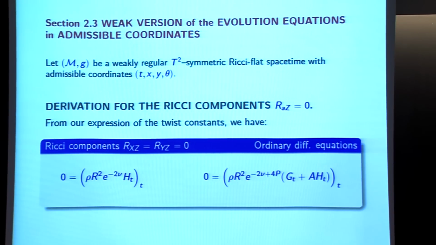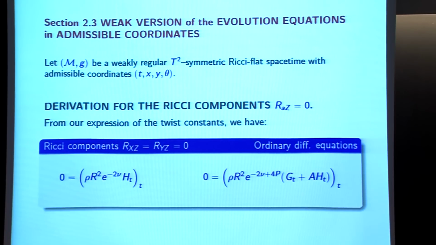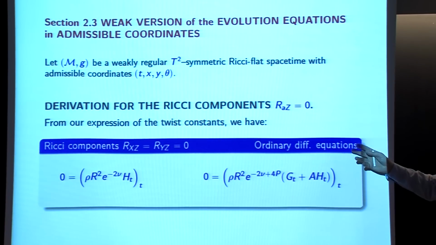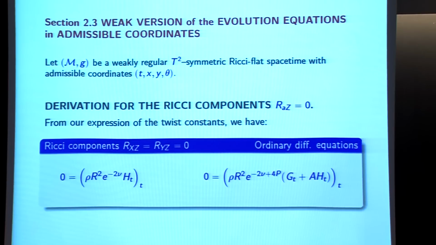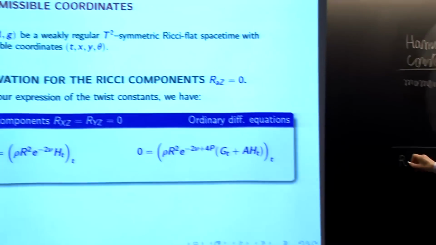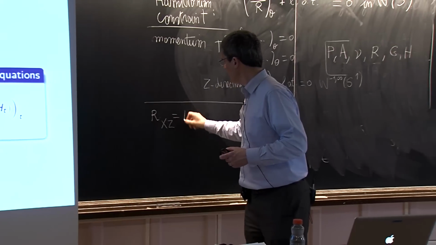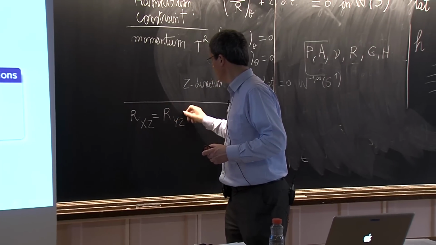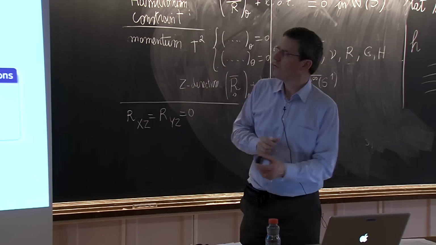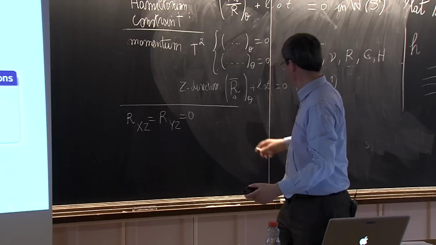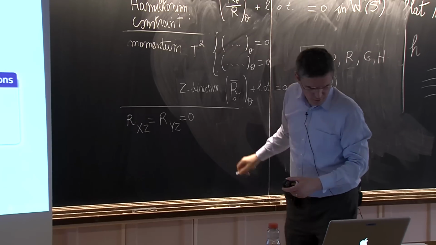In the Ricci flat case, they are just 0. And it turns out to be ODEs, in fact. So I'm continuing the list here of equations. So you have RXZ is equal to RYZ equals 0. These two Einstein equations give you an equation of this form.